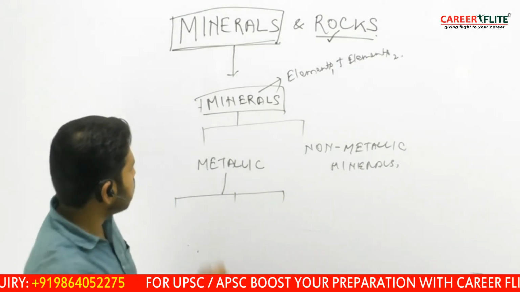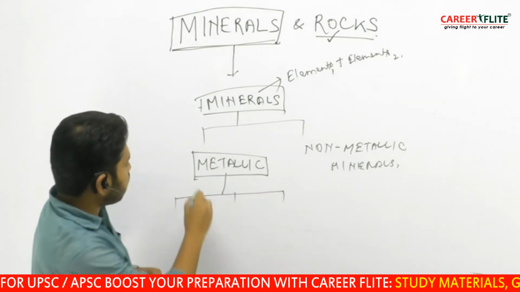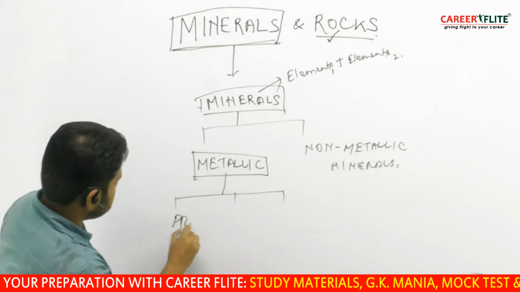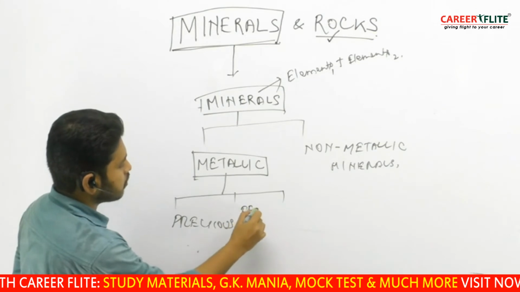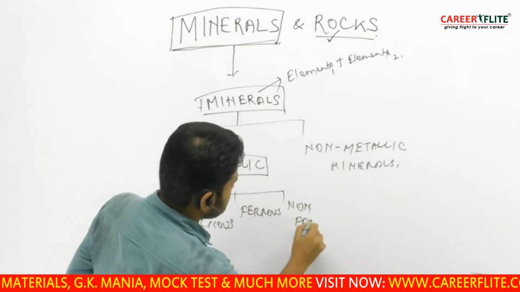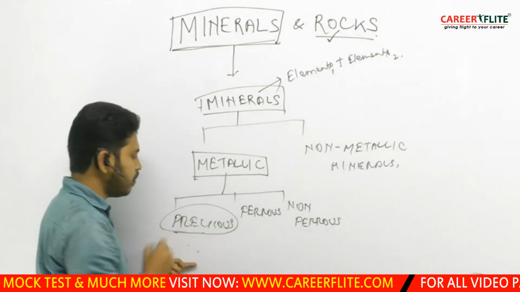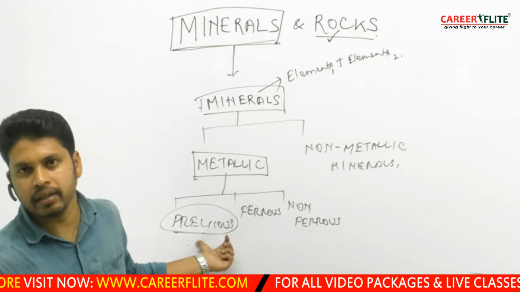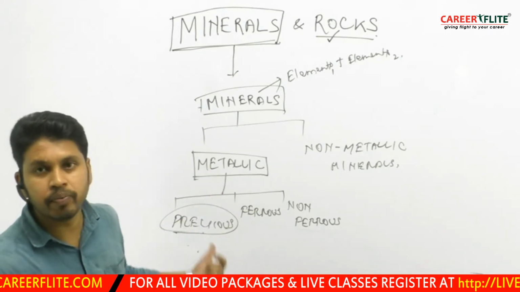These minerals will form metals. What kind of metallic minerals? They can be again divided into precious metals, ferrous metals, and non-ferrous metals. Precious metals means they are very costly. What are the metals that are very costly? These are gold, platinum, silver. They are costly, so we categorize those metals into precious metals.